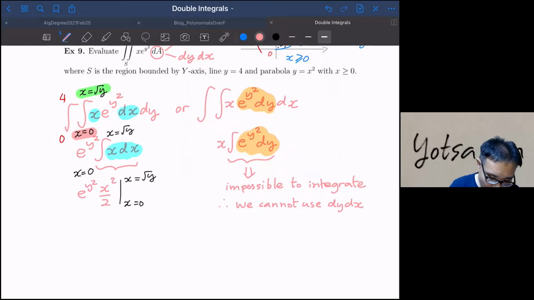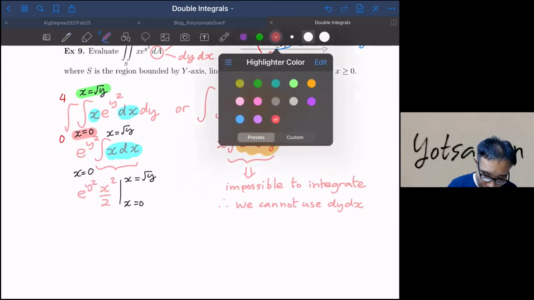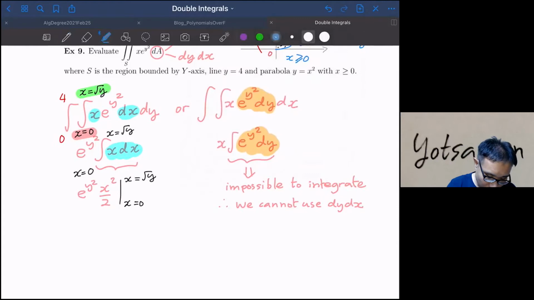The outside we're going to copy down later.